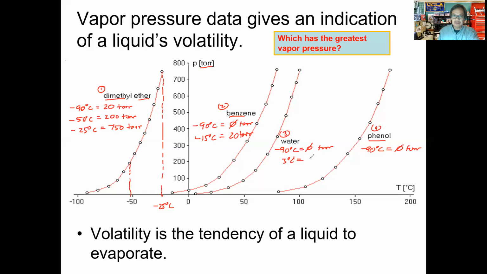At 3 degrees Celsius, it starts to exert a vapor pressure of 20 torr. And then finally here, at 70 degrees Celsius, that's when phenol exerts a pressure of 20 torr.